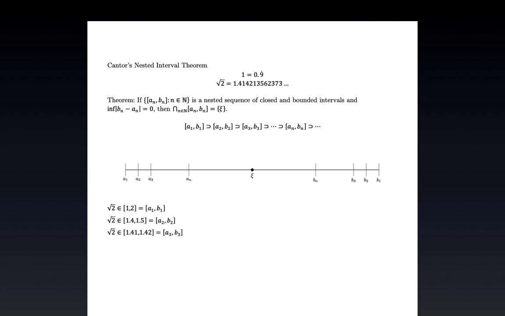So A1 B1, 1 2, contains A2 B2. A2 B2 is just a subdivision of the entire interval 1 to 2, and root 2 falls in between 1.4 to 1.5.